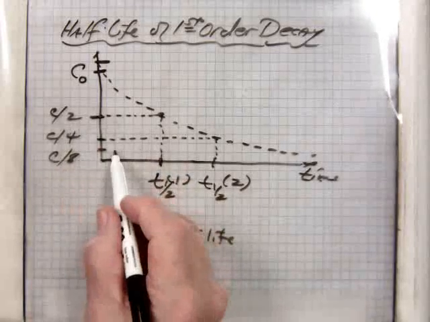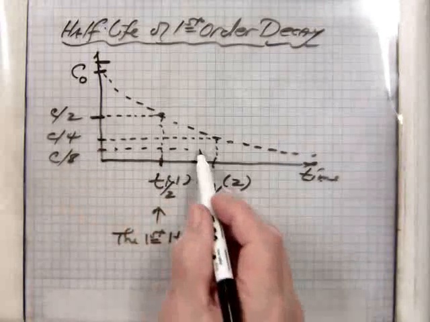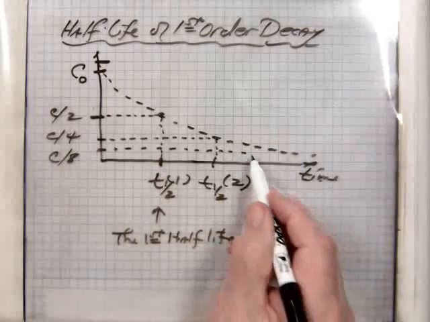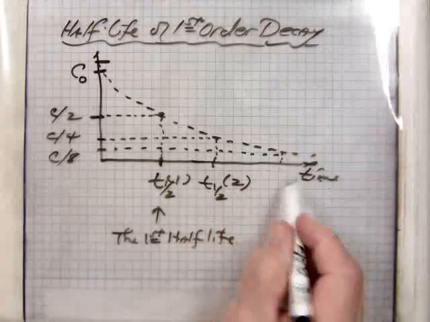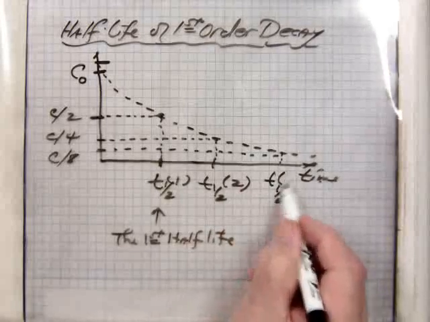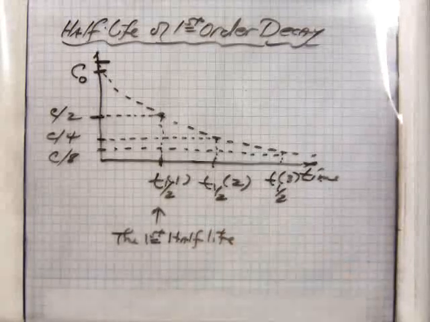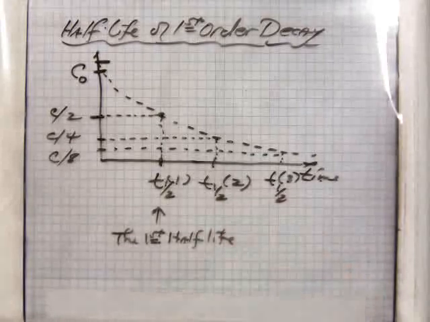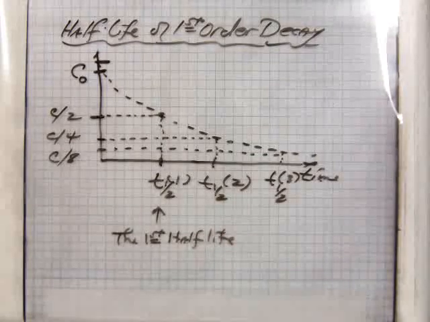Cut it in half. This would be the third half-life, T to the 1/2, 3. Now, this is not true for other orders of reaction, just for first order reaction.